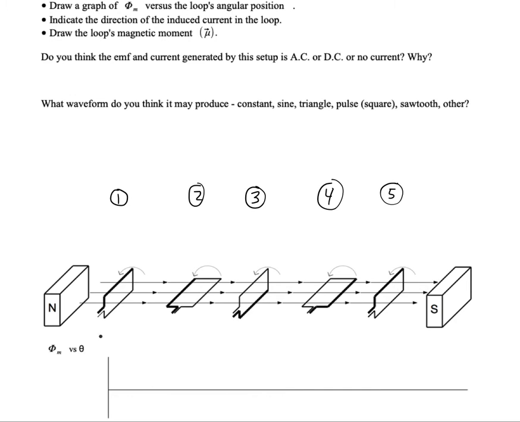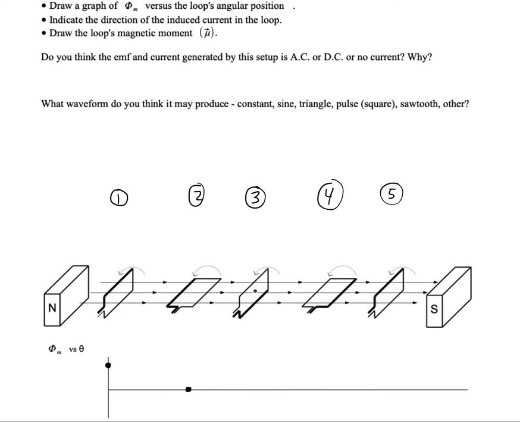So what will the magnetic flux be like in this position? We can see that the field is cutting through the area perpendicularly, so we're getting the maximum amount of flux there. So I'm going to start up high with my flux graph. Here, when the loop lays down, its area is parallel to the B field, so we're going to have no flux there.